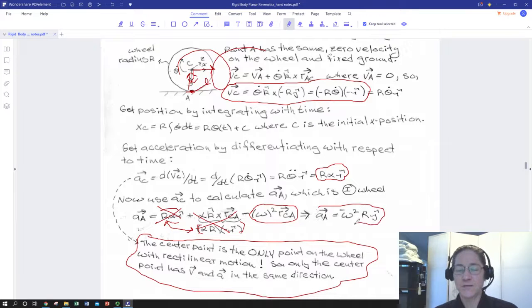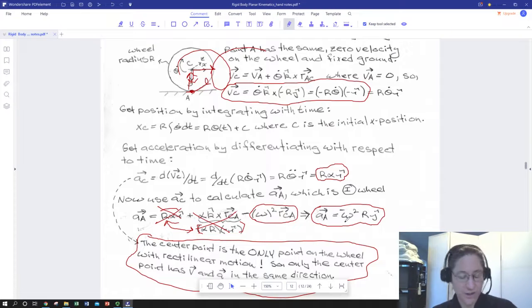And this should look kind of familiar. This is akin to the centripetal acceleration for a curved path. So we only have a normal component of acceleration at that point of zero velocity. There's nothing tangential. It's not speeding up, but it is definitely traveling on a curved path. And this is the acceleration expression that describes that curved path.